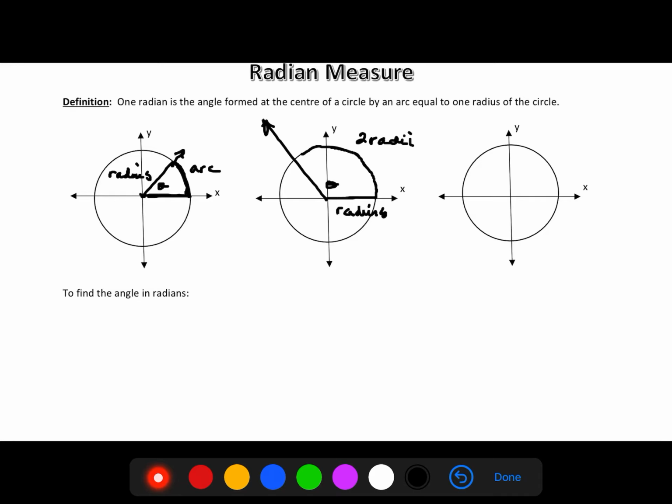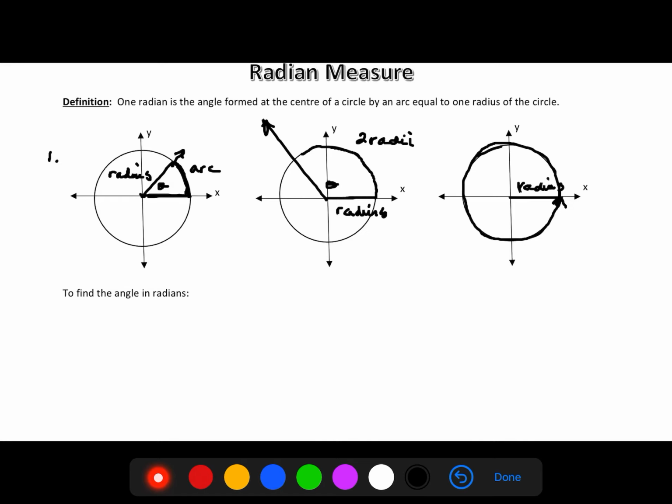Now, if we're talking about all the way around the circle, what do we know about that measure? Well, let's take a look at our measures.